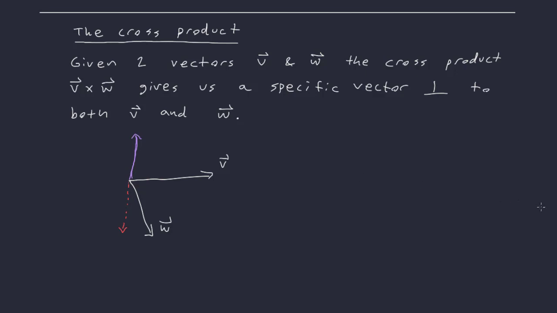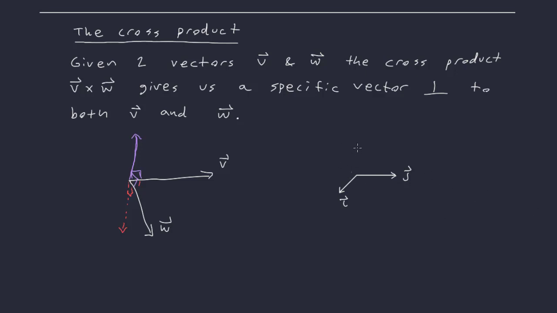So we would have one that, say, points up away from v and w, and one that will point, say, down. For example, if you think of the vectors i and j, this is the vector corresponding with the x-axis, this is the vector corresponding with the y-axis.